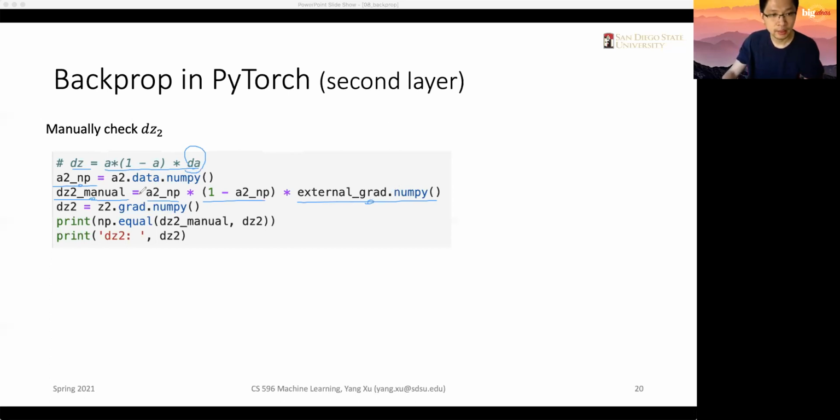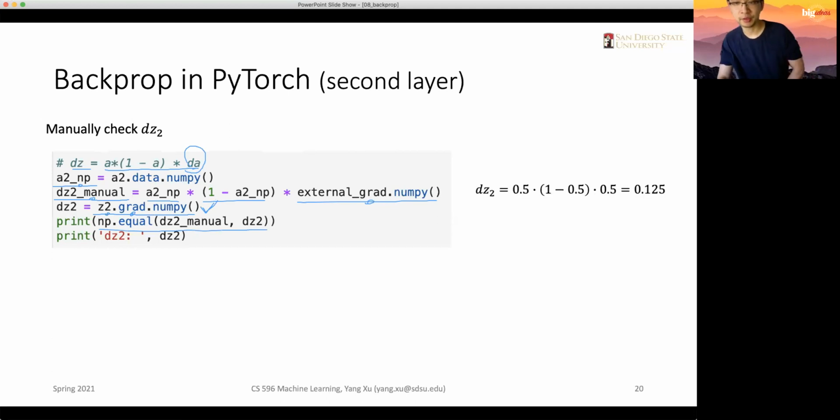Then we also copy the dz2 that PyTorch automatically computed for us, the gradient attribute of z2, and we examine whether they have equal values. Without accidents, we can compute it correctly.